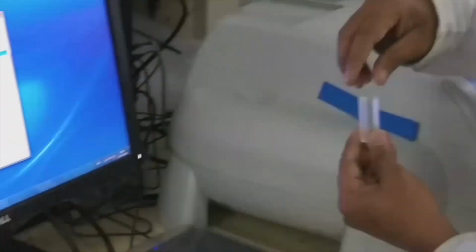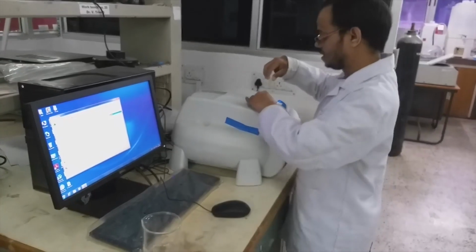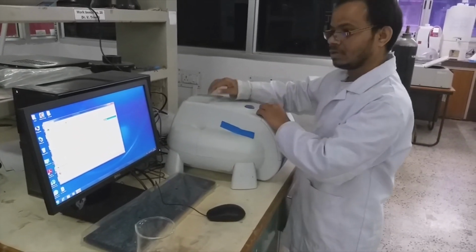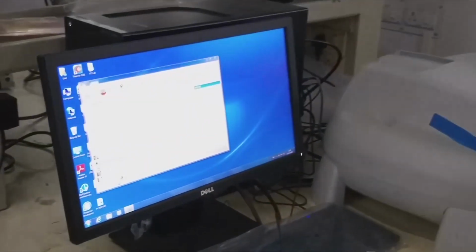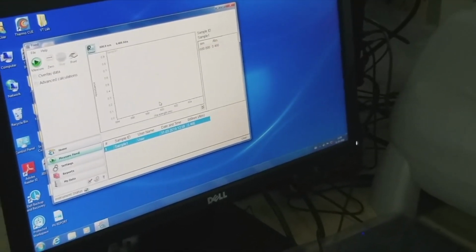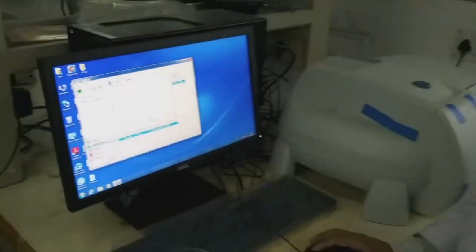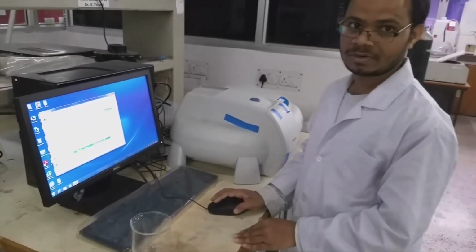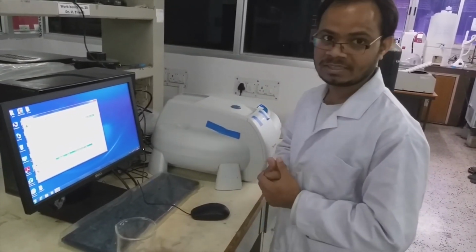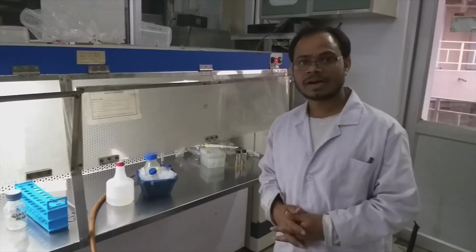So this is our inoculated culture. I am going to put this sample in and measure. So the OD is 0.466. It is sufficient for our competent cell preparation. So we will use this culture for competent cell preparation.